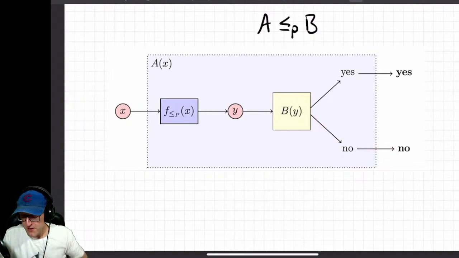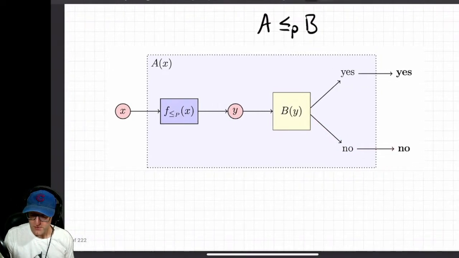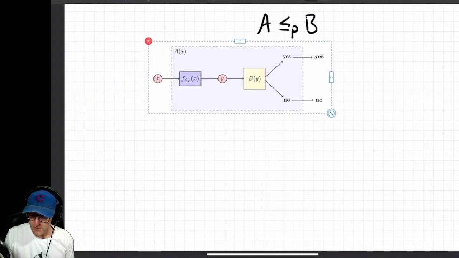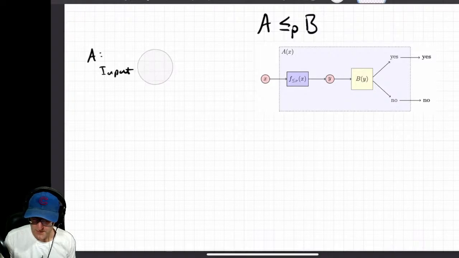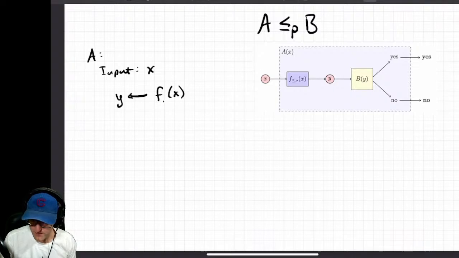And this is the visualization of it, but you can go ahead and think of this also as pseudocode. What does this look like pseudocode wise? Right? Here's my algorithm for A. On input X, or the input is X, excuse me, what I'll do is I will translate into this Y by putting it through this mapping function. My reduction. This is the actual reduction. This is the mapping reduction.